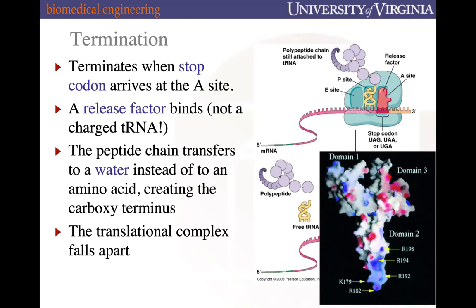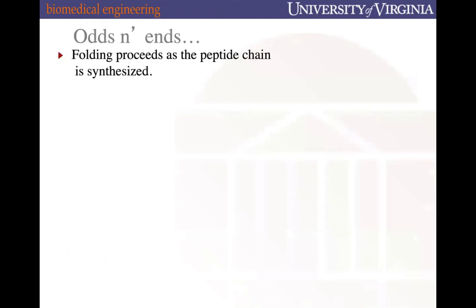This is a representation of what release factor looks like. It slightly resembles the morphology of transfer RNA, but again, is very different. It doesn't quite do the same thing. So, some last pieces of information for translation.